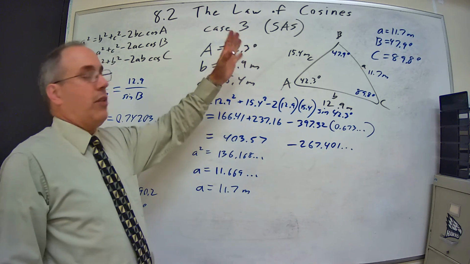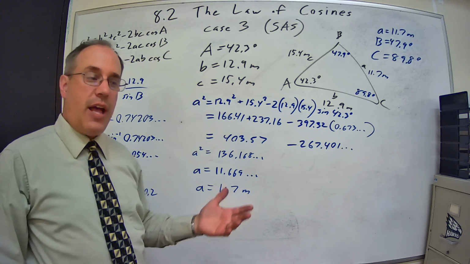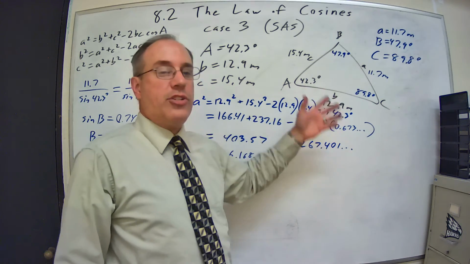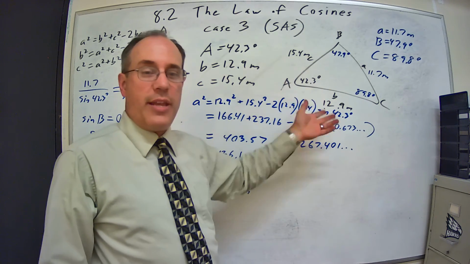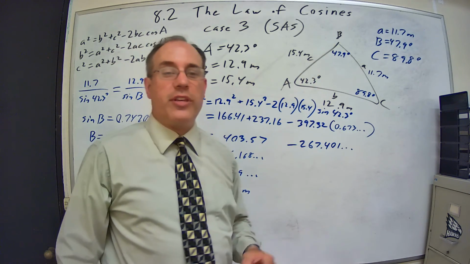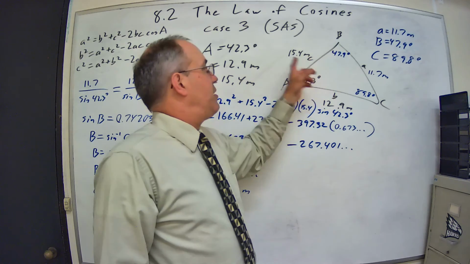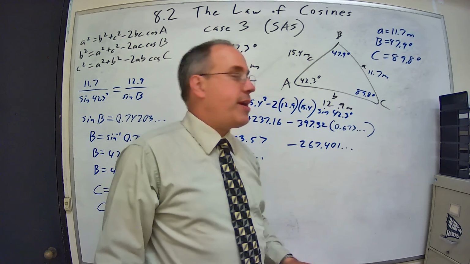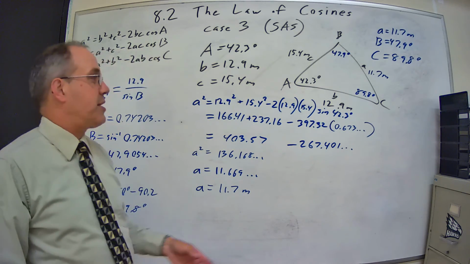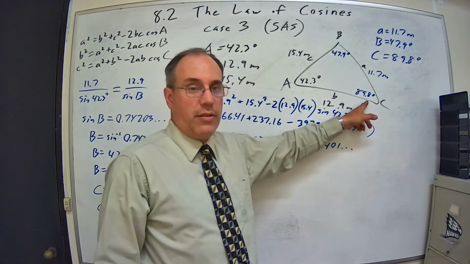I used the law of cosines once, and then I switched over to the law of sines to get a second angle, and I chose the shorter of the two remaining sides to work with because I knew that would give me an acute angle, and then I just used the sum of interior angles to get my third angle, which in this case turned out to be really close to a 90-degree angle.